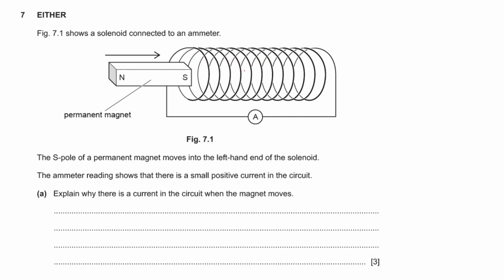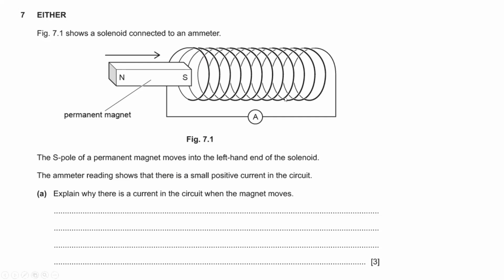And since we have a closed circuit across this solenoid, the changing magnetic flux producing EMF results in a current in the circuit.